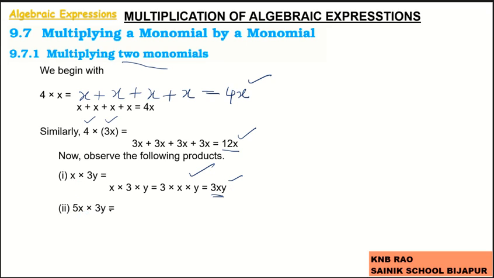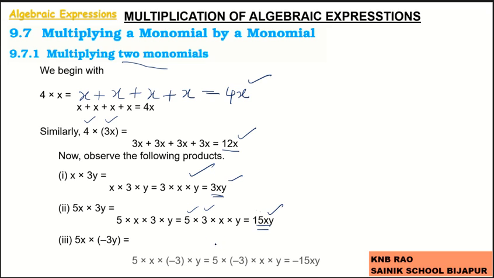How to do 5x into 3y? 5x into 3y is nothing but 5 into x into 3 into y, where I will take numbers first. 5 into 3 into x into y gives me 5 3s are 15xy as the product. Now let us take another example, 5x into minus 3y, which is nothing but 5 into x into minus 3 into y, where 5 into minus 3 into x into y gives me minus 15xy.